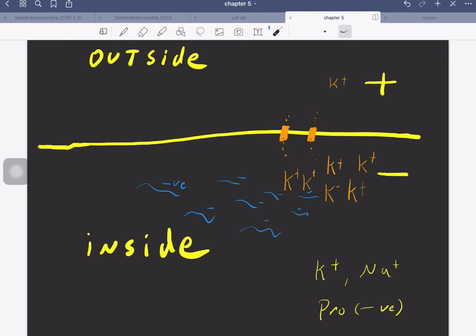And eventually you do hit a point, when you're establishing a resting membrane potential, that the movement of potassium out is equal to the movement of potassium in. So it hits a steady state. So potassium can come and go, but overall, more potassium will be inside the cell versus outside the cell. Now let's have a look at sodium.